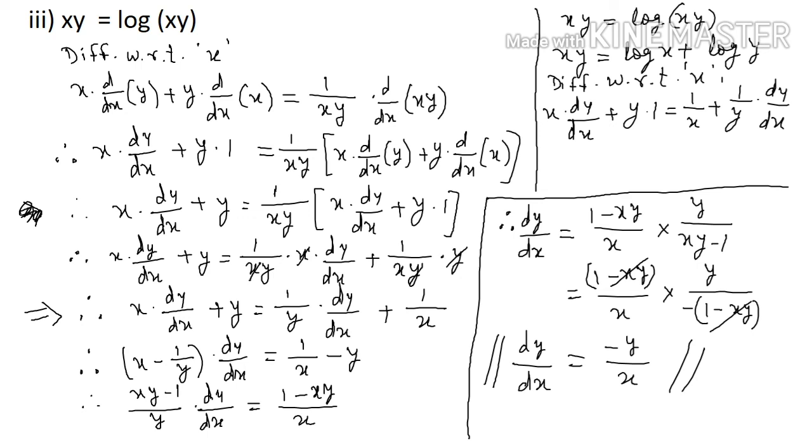So then further you can proceed in the same way. Only the beginning you can do with this, taking the log x plus log y, and then proceed in the same way. Clear? So with this we finish question number 2 of exercise 3.4.